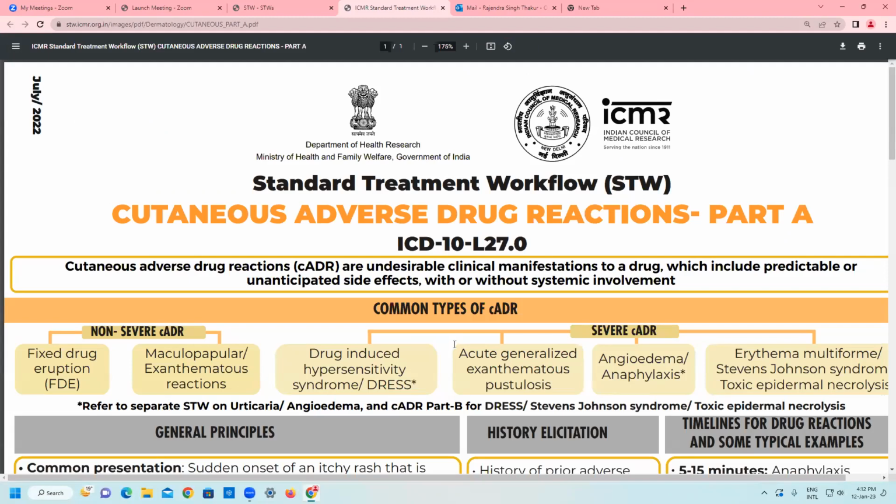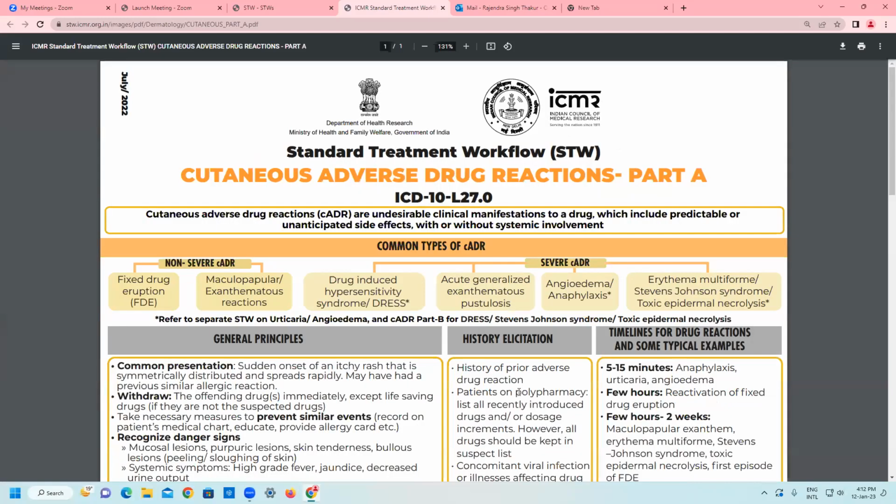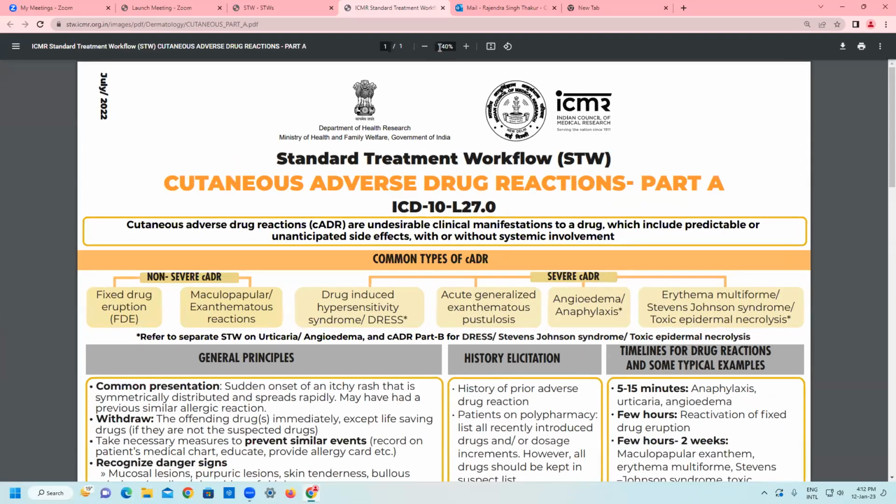Cutaneous adverse drug reactions are common, but there is one important thing: if you label a patient as allergic to drug A or B, that label remains lifelong. So that loose label without evidence should not be put. And if it is there, then we must also warn that such a drug cannot be taken in the future.